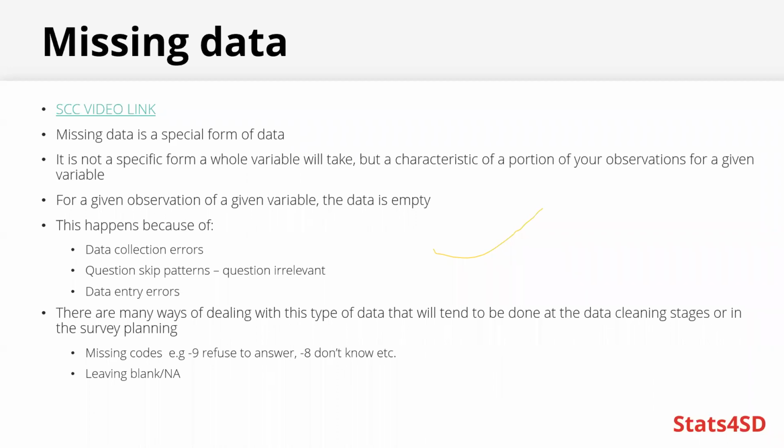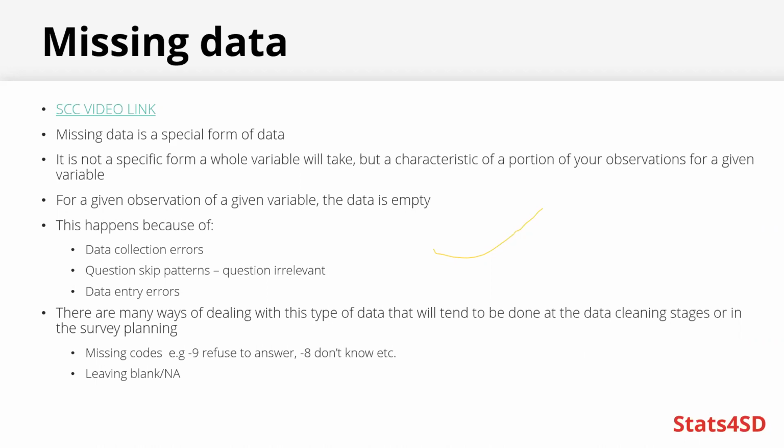You can have some sort of data collection error. Perhaps a question was skipped when it wasn't meant to be, or the respondent simply refused to answer. Or the question skip was done correctly, but for whatever reason that question is irrelevant to that participant, therefore there's no data for that question. Or there's some form of data entry error.